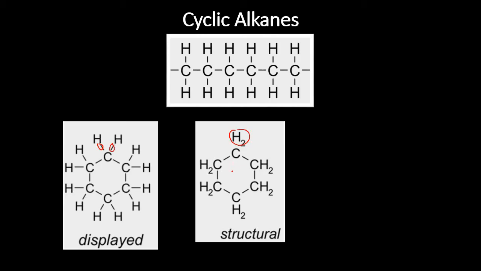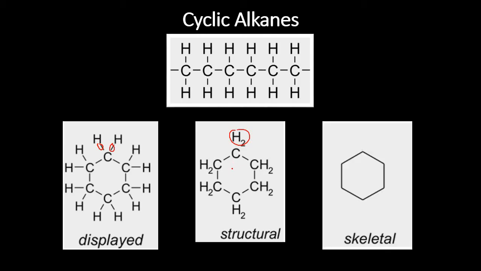So naging shorthand siya. And of course, to simplify things, we can use this one, the skeletal representation, wherein we only show the sides of our ring. Okay? So, nagiging polygon siya kung maalala ninyo yung geometry ninyo.